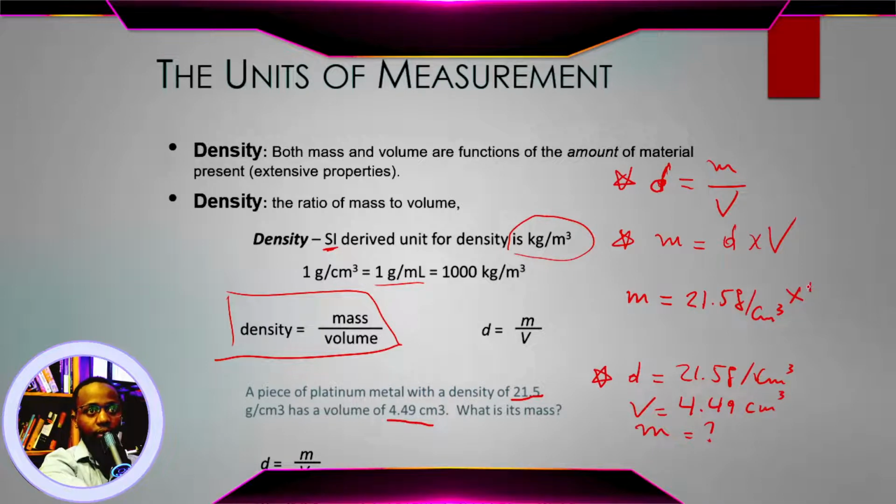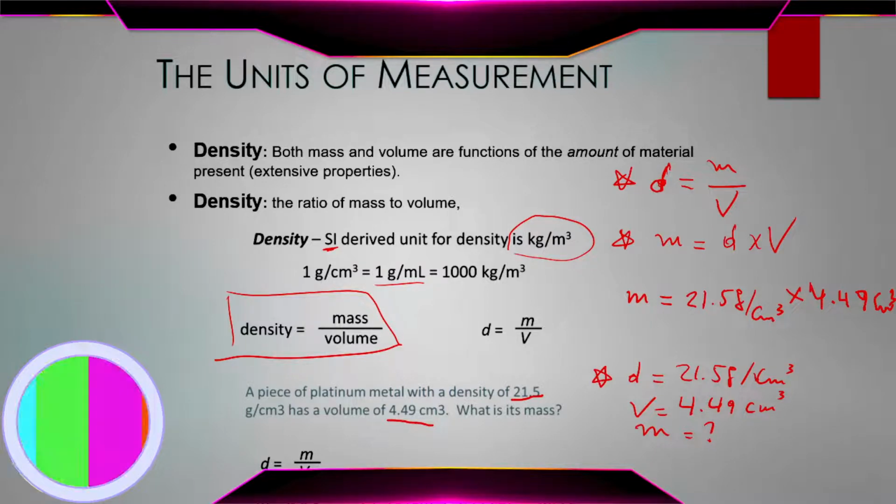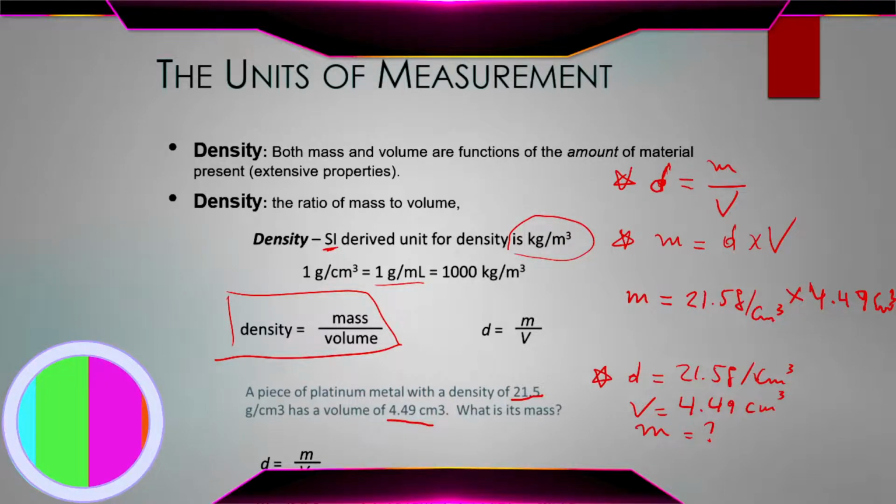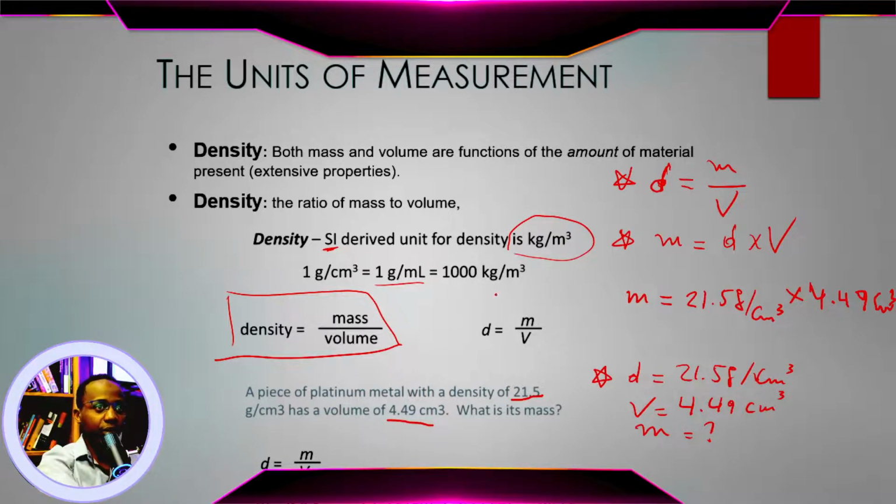4.49 cubic centimeter. There you go. And then you just multiply on your calculator and you should get 96.5.